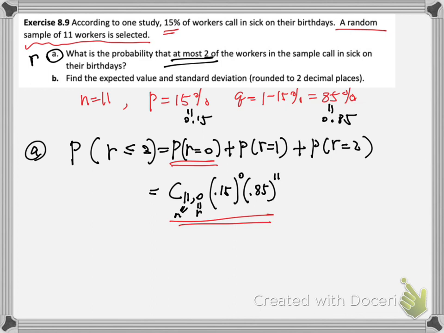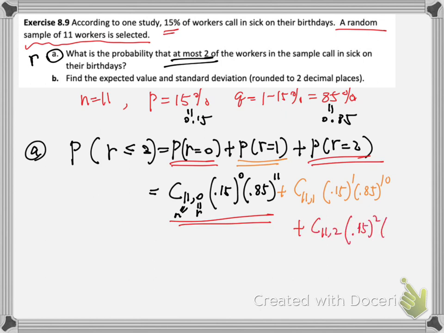And then R equal to 1, we change the color to orange. So this is C 11 1. That means 1 employee called, the other 10 didn't call. And then change to red. So R is equal to 2. So C 11 2. 2 of them called, and the other 9 didn't call. So this is the probability for R less than or equal to 2.